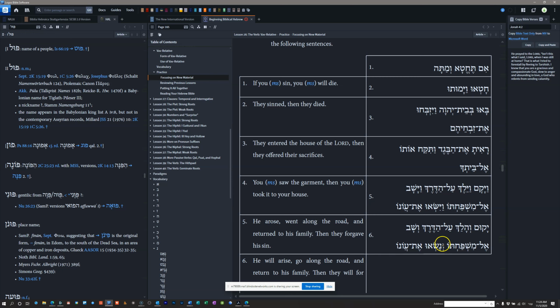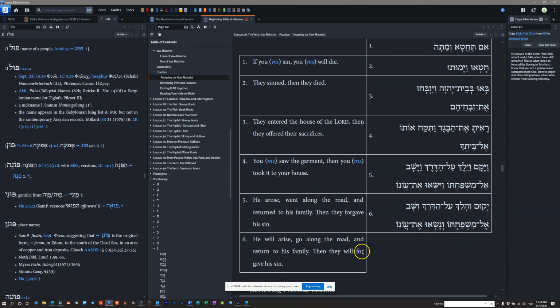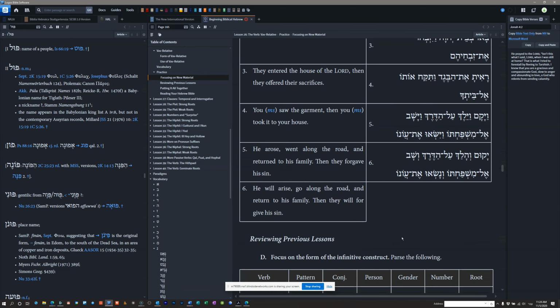But with the vav relative, it becomes and they will lift up, or in this case, with avono, his transgression, they will forgive his transgression. Should be a hyphen there. All right, so that's C.